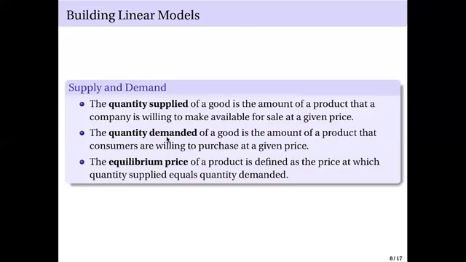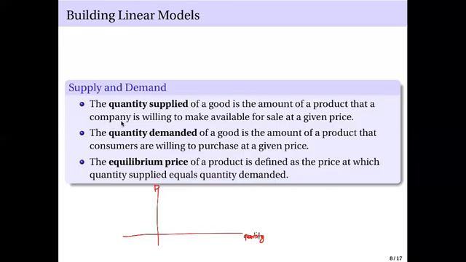So, if we look at this graphically, say this is your price P, and this is the quantity. For the supply, as the price increases, the company will produce more supply, so they will gain more profit.